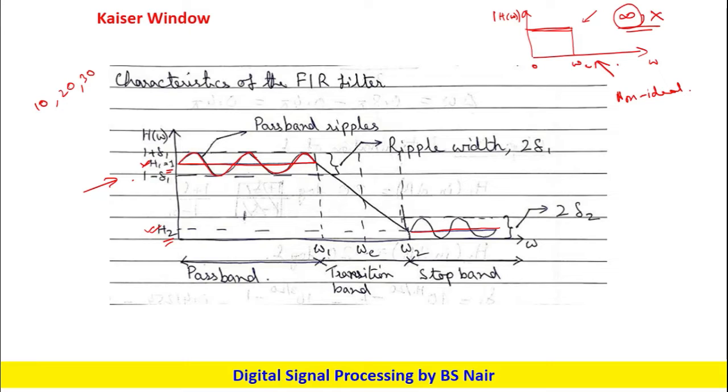Then why are you all putting on a blank face? So because of this, what is happening? Instead of having this H1, we get this sinusoidal-like pattern, and these patterns are called ripples, and the ripples in the passband are called passband ripples.